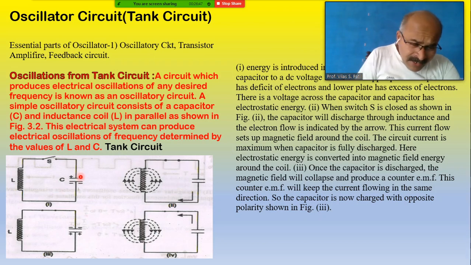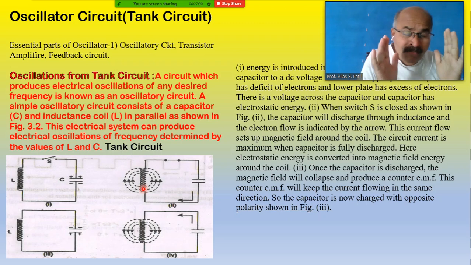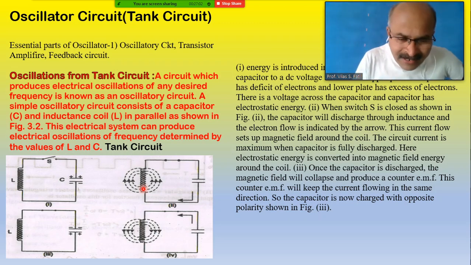It means the electrostatic energy will flow, and electrostatic current will pass through the inductance. The flux will be produced, and this flux will produce a magnetic field around the inductance. As the electrostatic energy of the capacitor discharges or decreases, the magnetostatic energy around the coil increases.